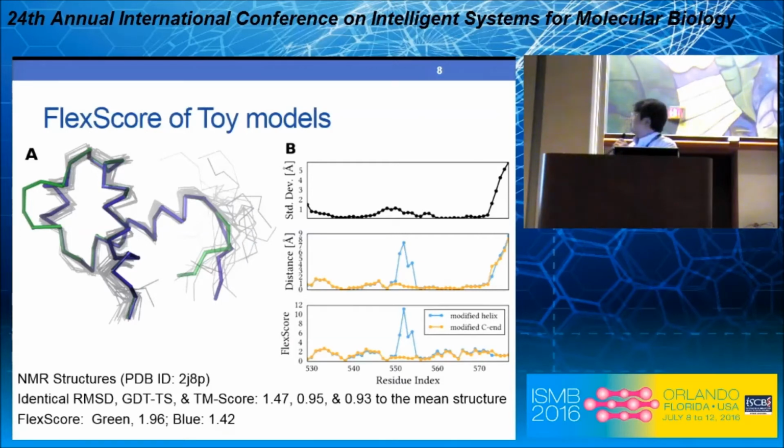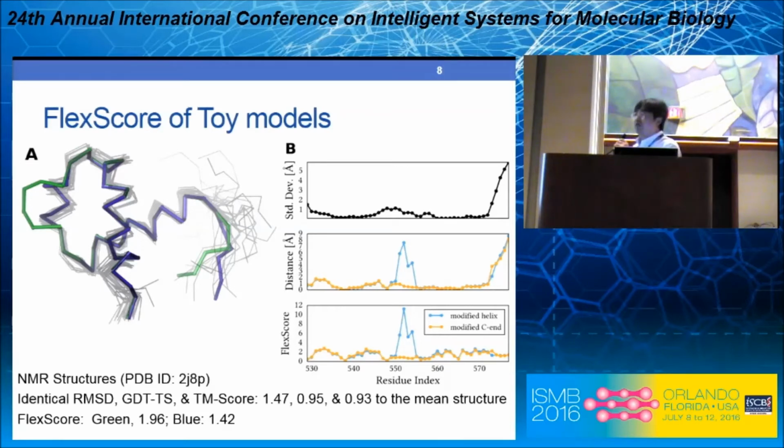This is represented by the flex score. The first panel shows how much each amino acid deviates within the NMR models. There was a large deviation in the tail. The second panel shows the distance of each model. The green one deviates in the middle of the model here. Both models, green and blue, deviate from the mean of these NMR structures, which is shown here.